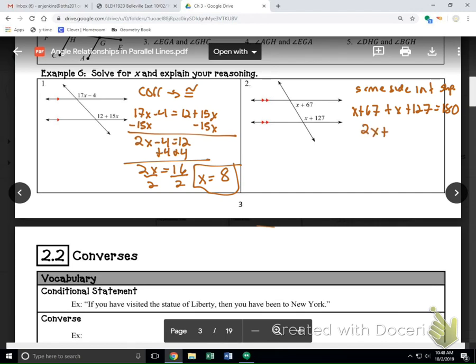Can anybody tell me what 67 plus 127 is? 194 equals 180. We got to get those like terms together over the equal sign. So I'm going to subtract 194. So that gives me 2x equals negative 14. Divide by 2. x equals -7. Nice job. Okay.